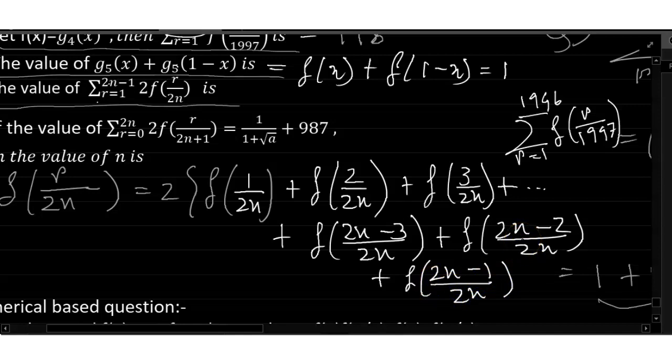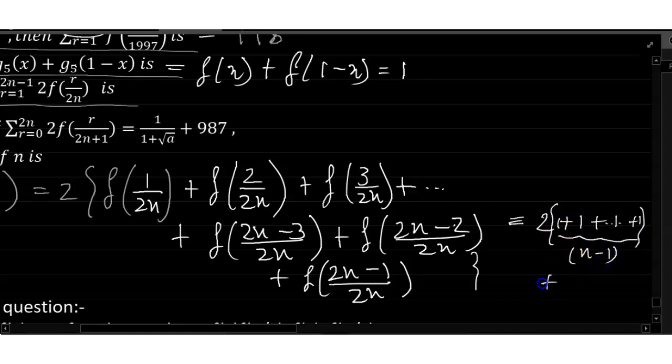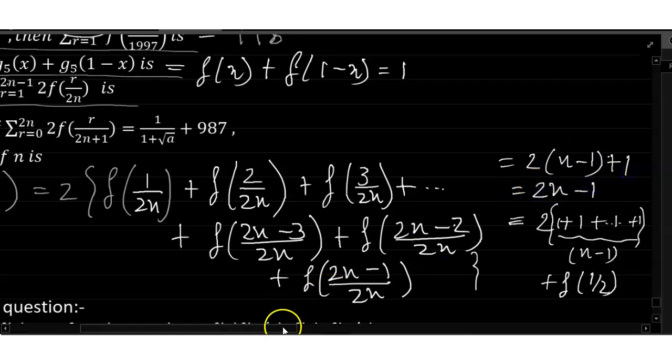This way we can write it. So friends, we see 1 plus 1 up to n minus 1 times, same type of sum, plus f(half). This is the generalization. We get 2 into n minus 1, and f(half) is plus 1. So the value is 2n minus 1.